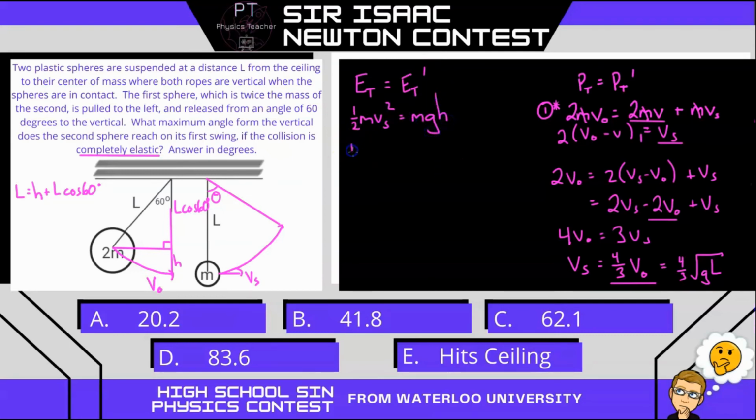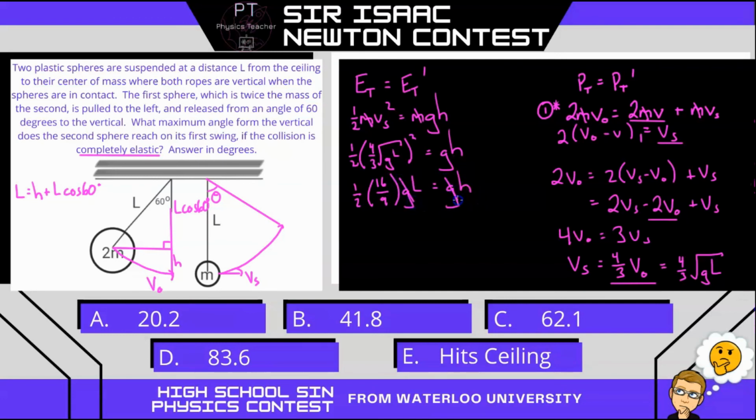Alright, so let's substitute. We know mass will cancel, and let's substitute for vs squared, so that's going to be 4/3 times the root of GL, all squared, will equal GH. So here we have 1/2 times 16/9 times GL, which equals GH.